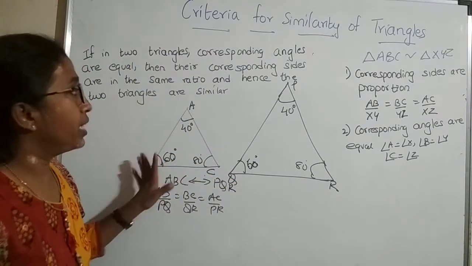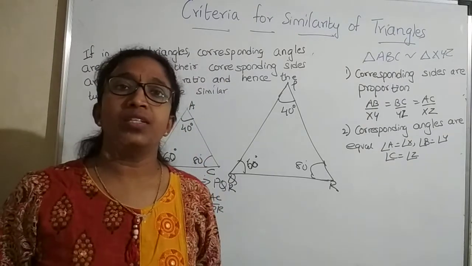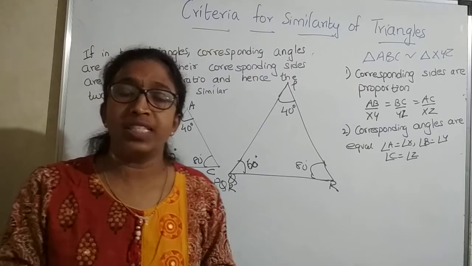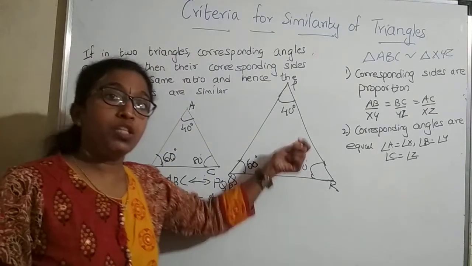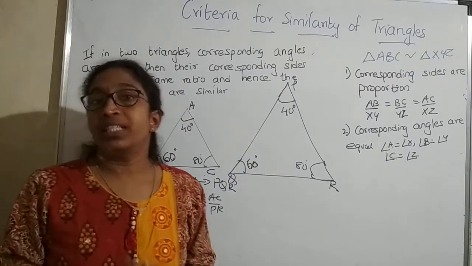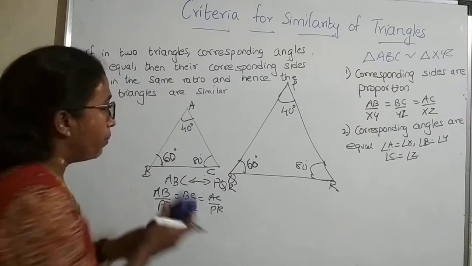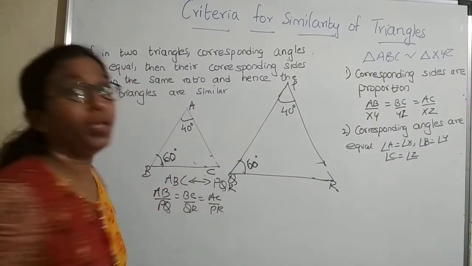Now, is it necessary that all three angles should be equal to the corresponding three angles of the other triangle? I hope you must have understood that it is not necessary, because even if two angles are equal, it is understood that the third angle will be equal.